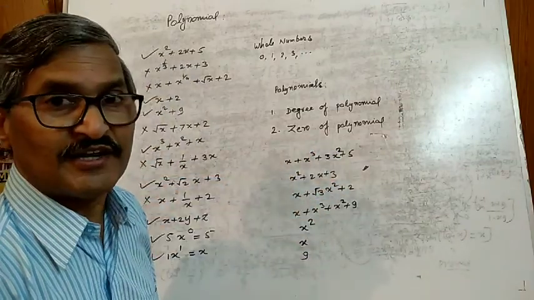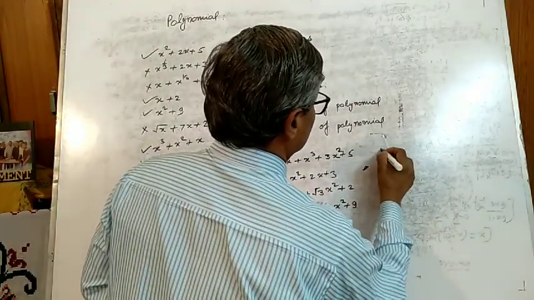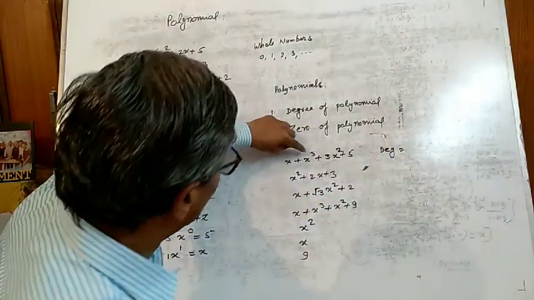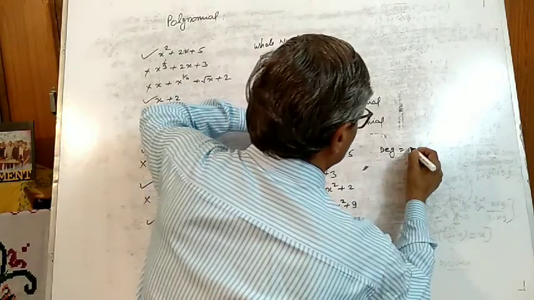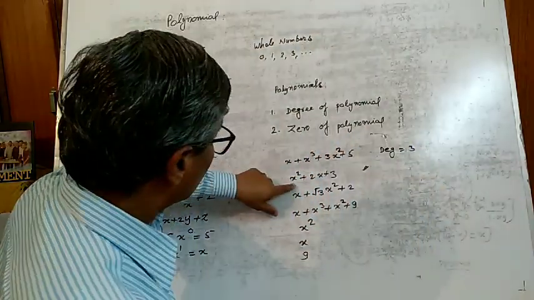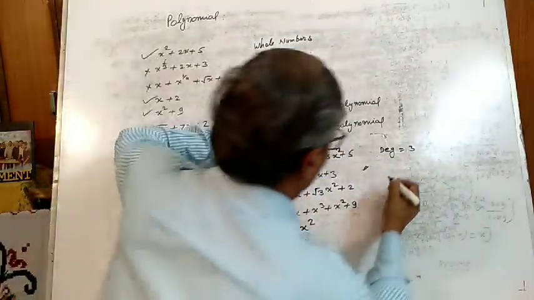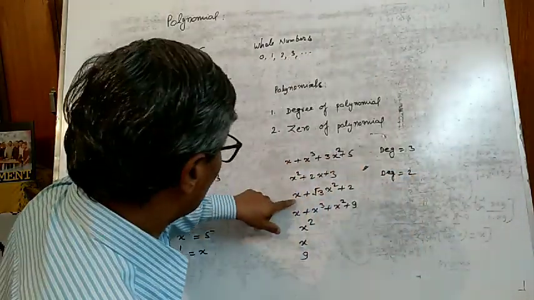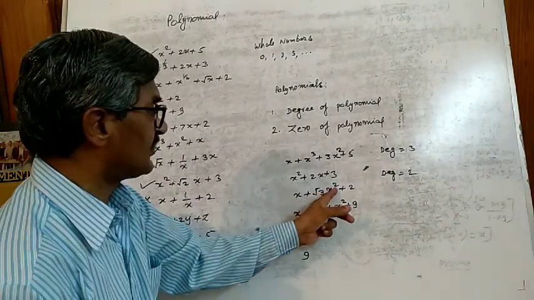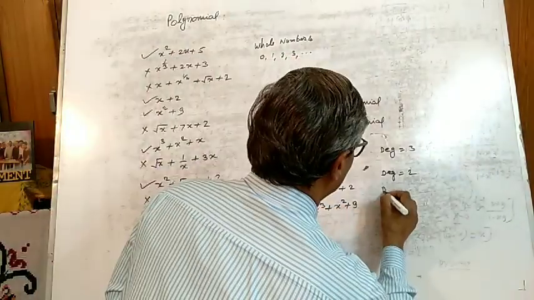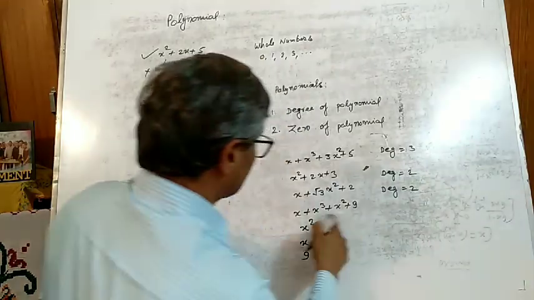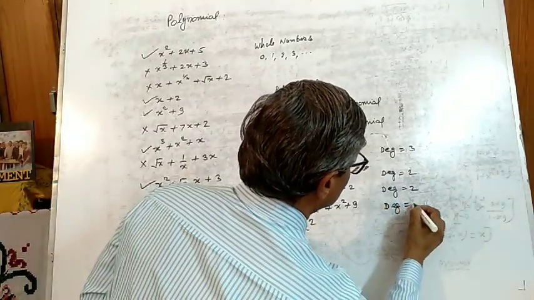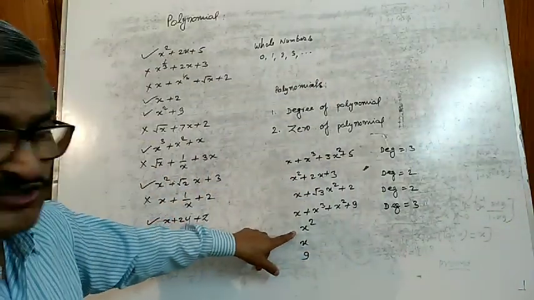Now we are going to write degree of the polynomial here. What is degree here? Highest exponent is 3. So degree is 3. Here highest exponent is 2. So degree is 2. Here highest exponent is 2. Degree is 2. Here highest exponent is 3. So degree will be 3. Here highest exponent is 2.